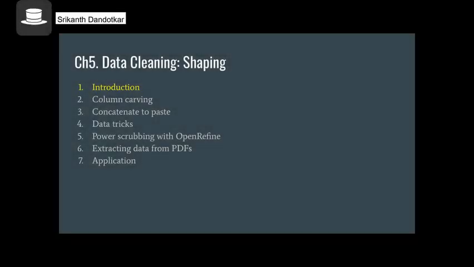So in this unit where we'll talk about cleaning data, these are the specifics. First, we'll talk about some basic information about data cleaning. Then in the next outcome, we'll talk about how to carve the column.